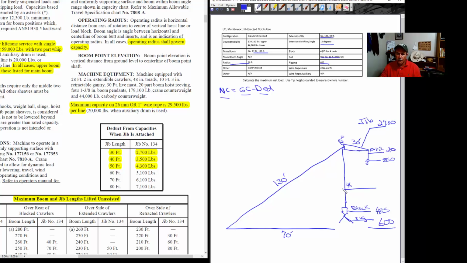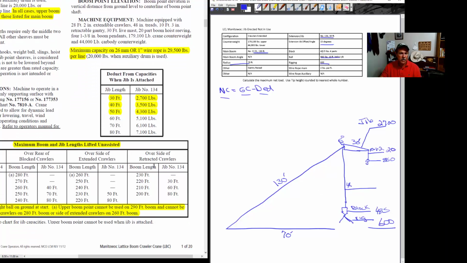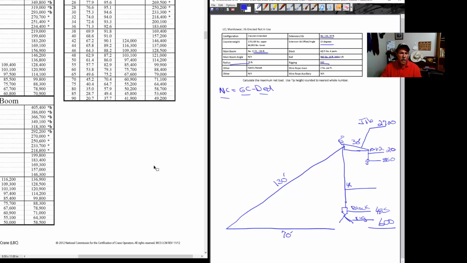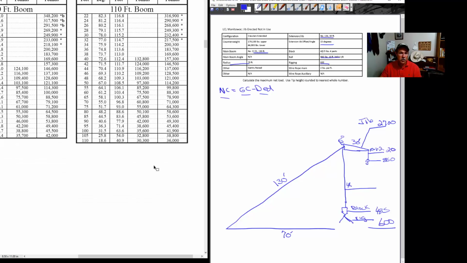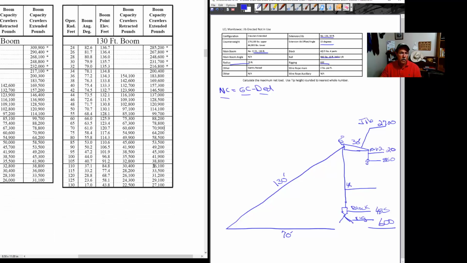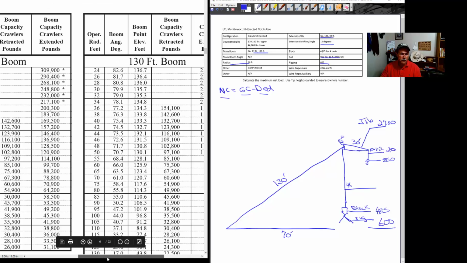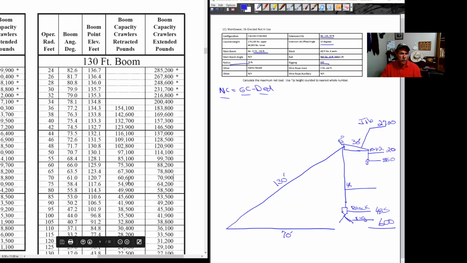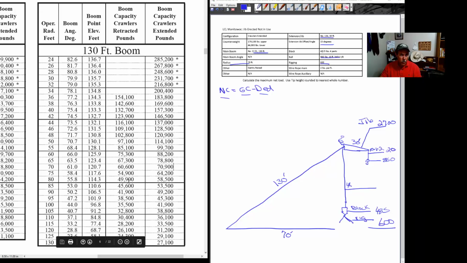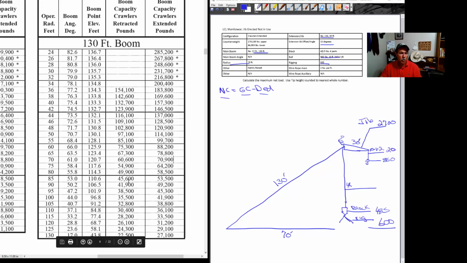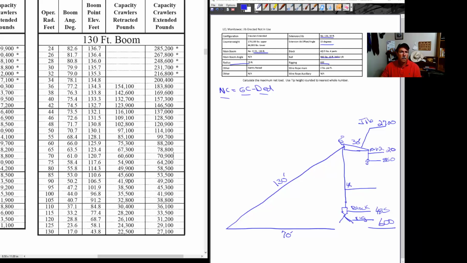And now we need to find the weight of the wire rope that's being used to make the lift. And I said previously, before we can do that, we would need information from the chart. So we find the specific chart for 130 feet, for a 130 foot long boom. And there's that chart.